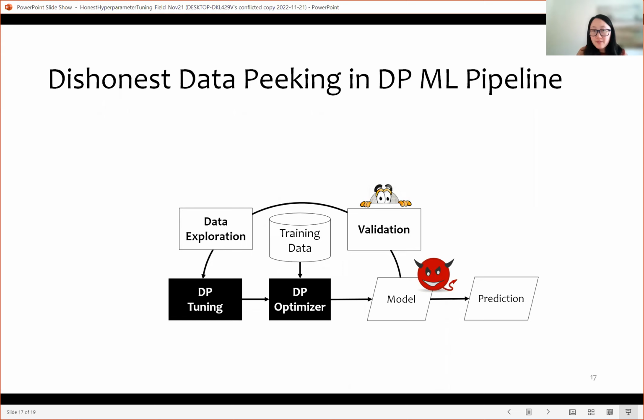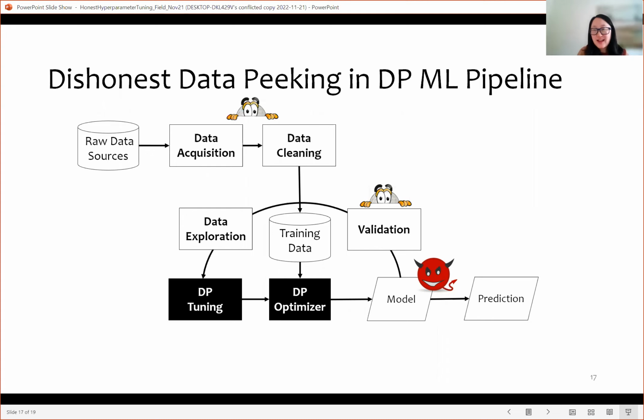Even before obtaining a clean and good data set for training, right, we have to collect the data from the raw, initial sources, and process it all the way until we get good, clean training data. But this whole process requires looking at the data, the sensitive data, right?